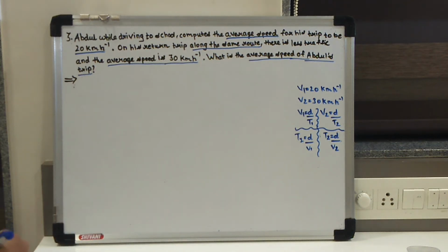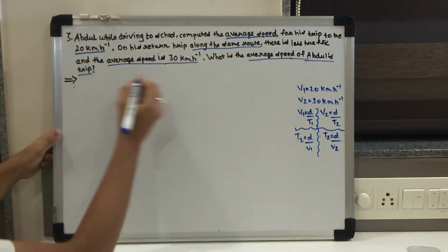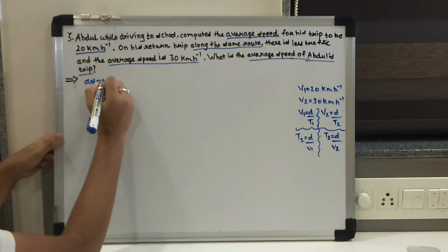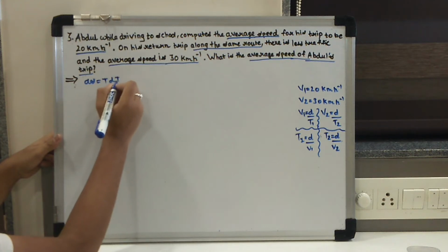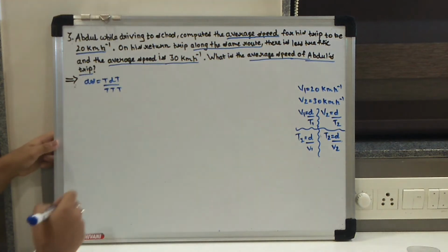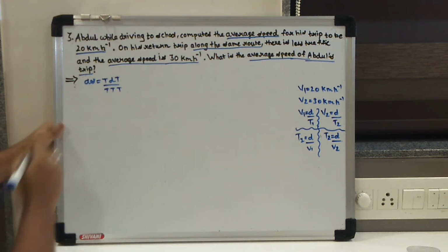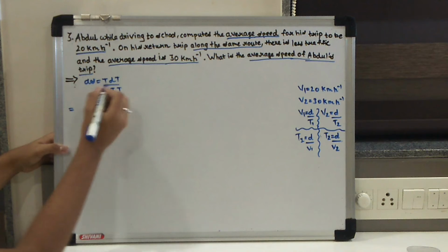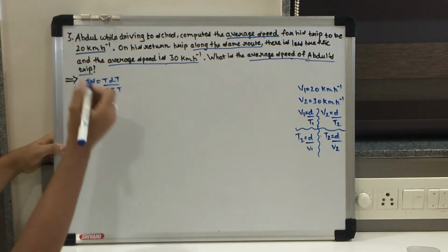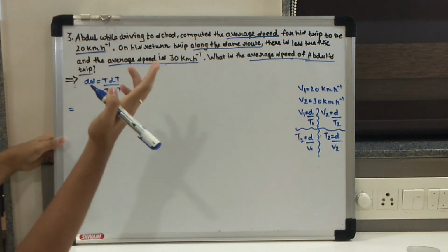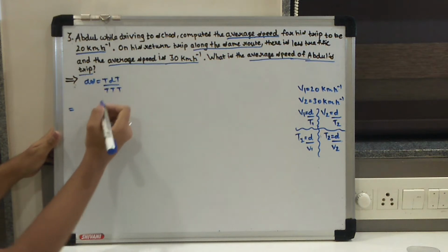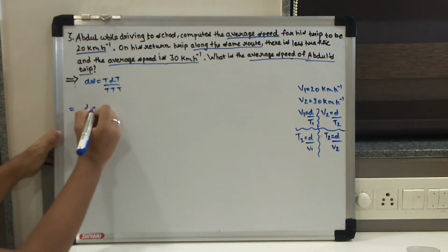So let us see how to solve it. We have to find the average speed, which is total distance traveled upon total time taken. Total distance traveled: we had taken d as common, and we have two velocities, so we have two distances. In the place of total distance traveled, write d plus d.